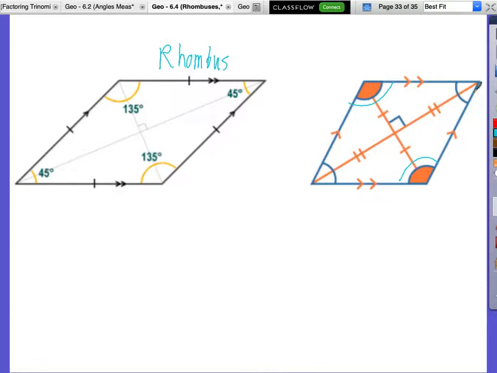Why are you saying parallelogram, Noah? Because opposite sides are parallel to each other, and both diagonals bisect. Okay. What else do we know about this diagonal though? What does this create? Perpendicular. Which shape has that? A rhombus. So even though we don't know those side lengths, this tells us that it would be a rhombus.